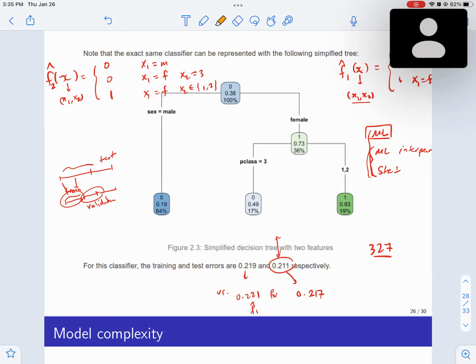So if we had the actual generalization error, and the actual risk was like this, then within the framework that we set, we would go with the more complex model here. But the issue here is this is not the actual risk. It turns out we're using a sample size of 327 or so for our test data.